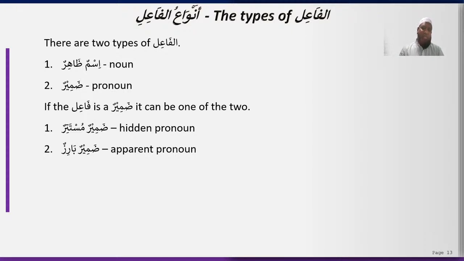As we've learned, every fi'l requires a fa'il. So the types of fa'il, let's go through them again. There are 2 types of fa'il. Ismun zahirun, a solid noun, or a damir, or pronoun. If the fa'il is damir, it can be one of 2: damirun mustatirun, hidden pronoun, and damirun barizun, visible or apparent pronoun.